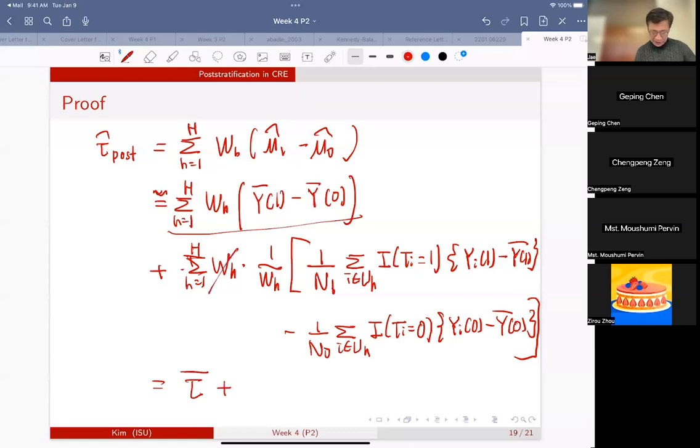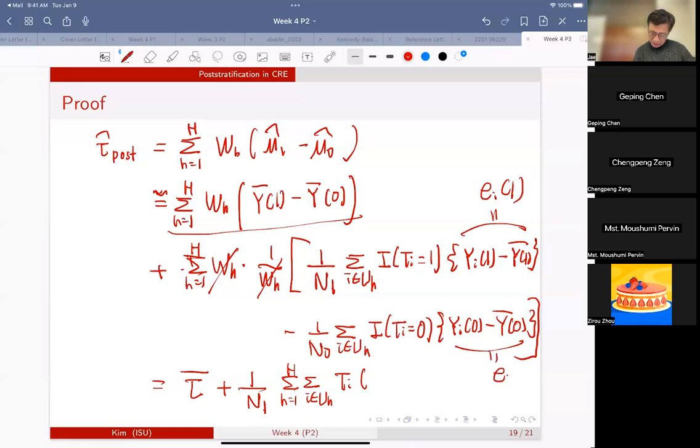And then we have a cancellation. What is left is essentially N1, and the summation over h equal to 1 to H. We can call it Ti times e_i1, plus 1 minus Ti times e_i0.